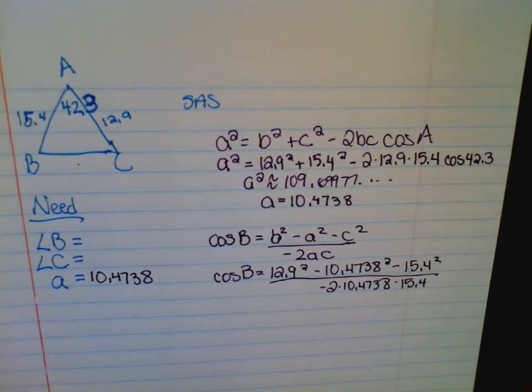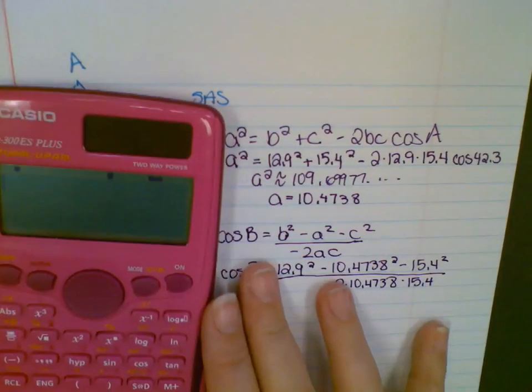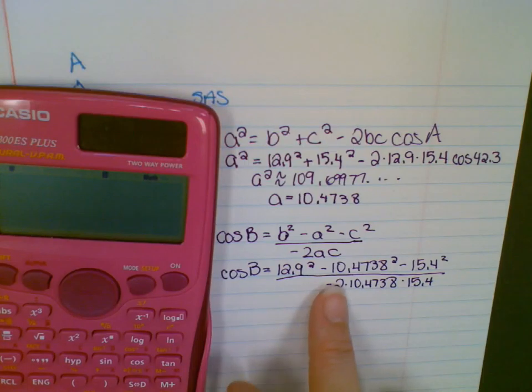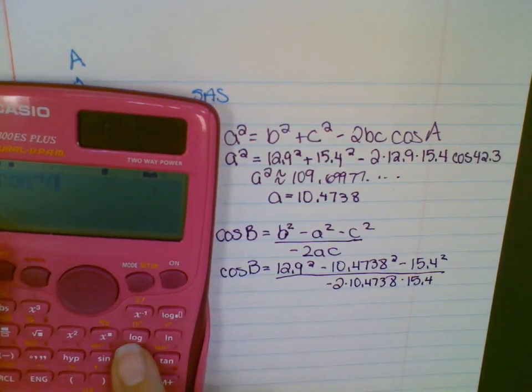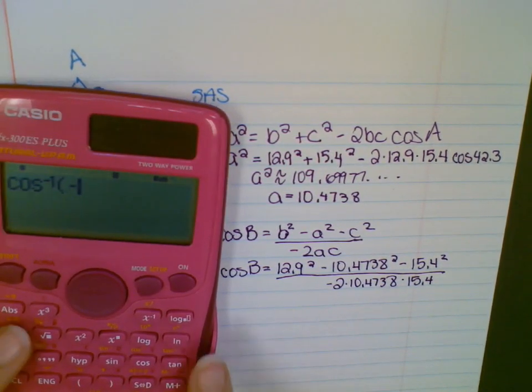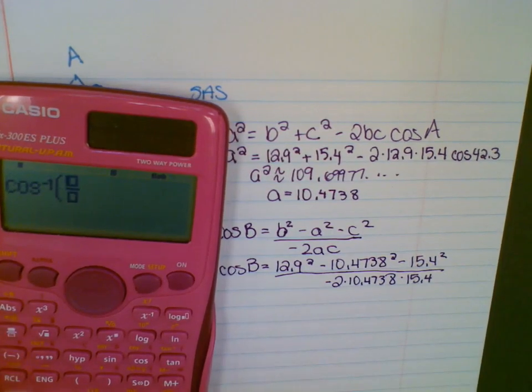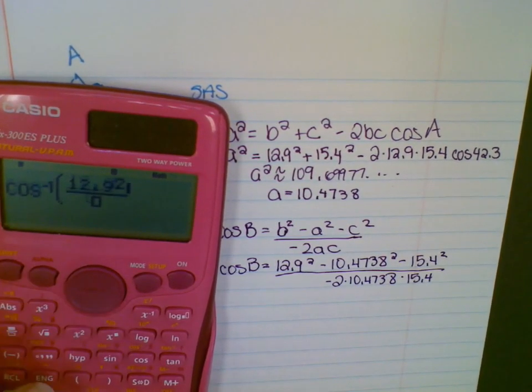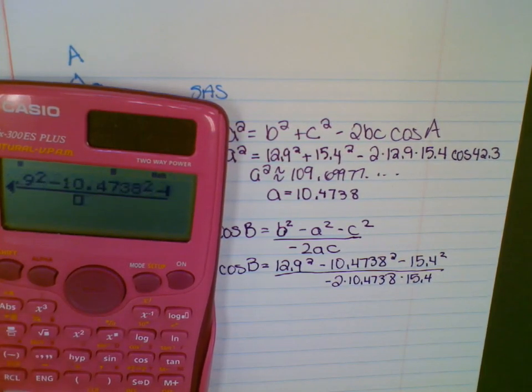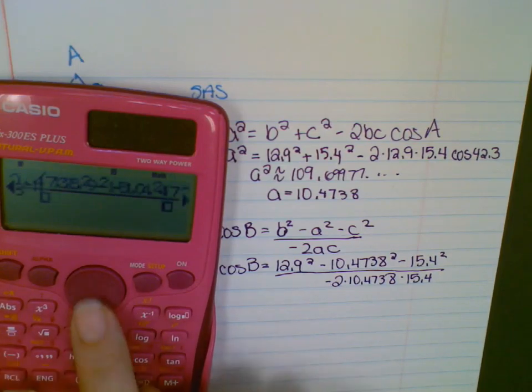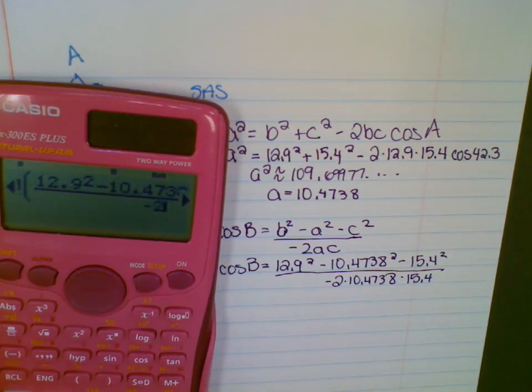Again, we can just type this straight in our calculator. Just make sure you do the cosine inverse of that answer. You could do it from the beginning, typing in the cosine inverse and then your fraction. Don't forget the negative sign, so negative 2 times 10.